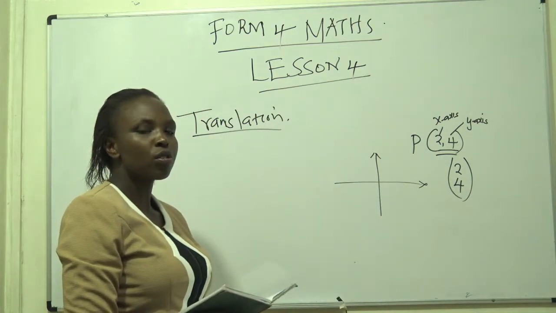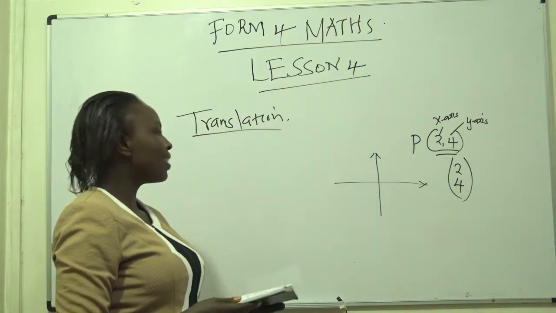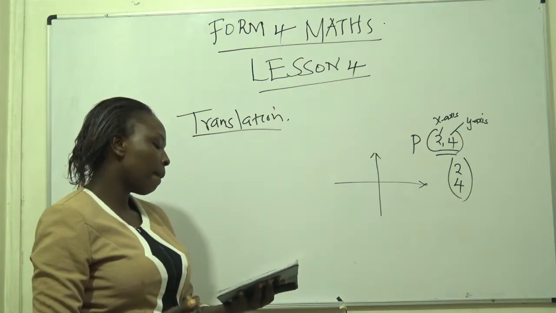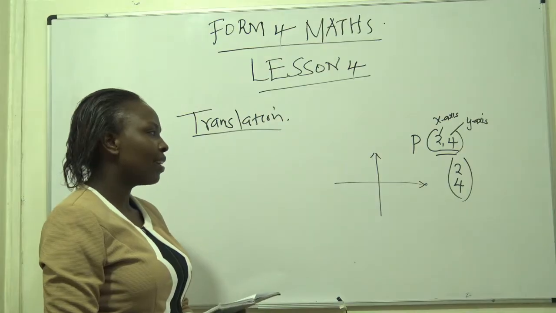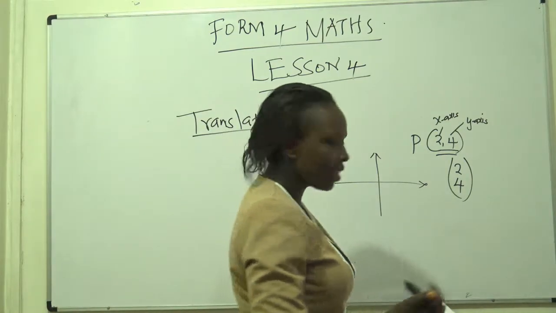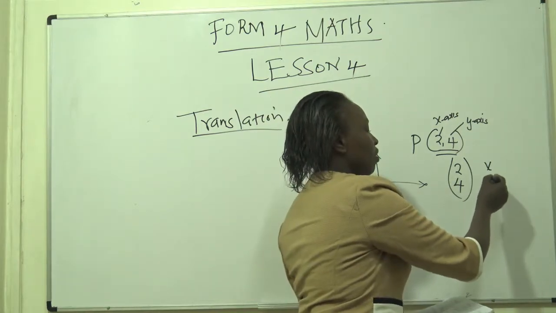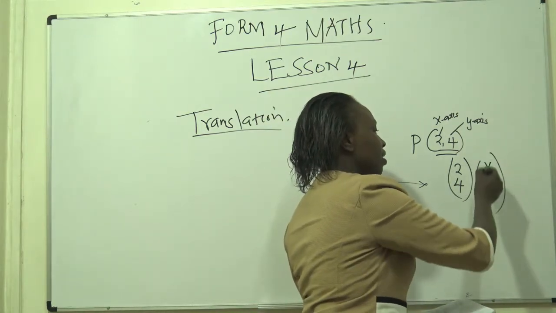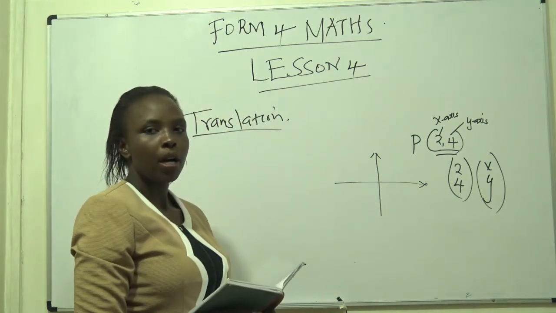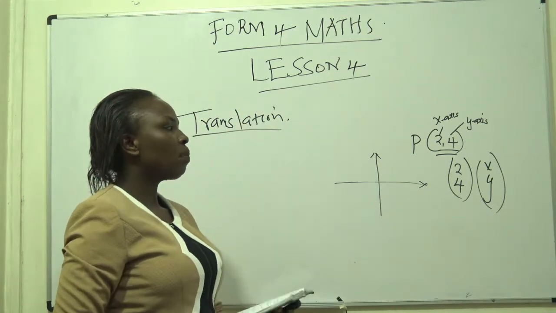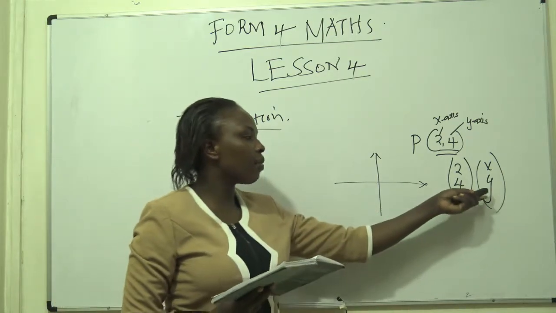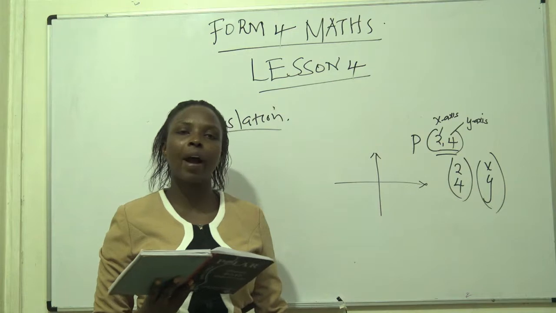So when you are doing translation, we rewrite the point as a column vector. In other words, we rewrite the point such that we have x, y in that column form. The point at the top is the point on the x-axis, then the other one is the point on the y-axis.